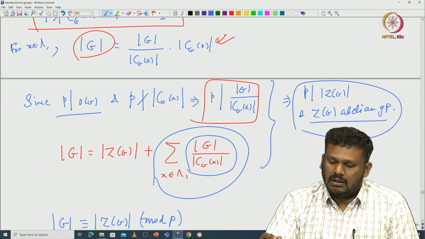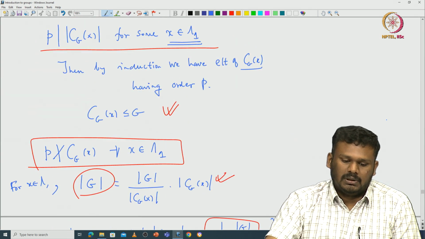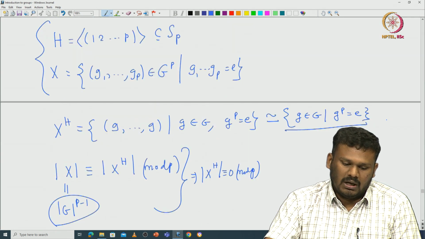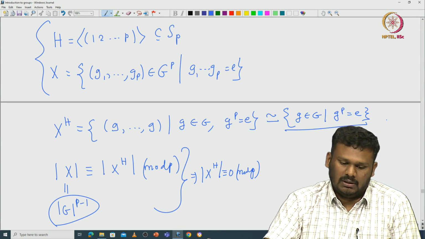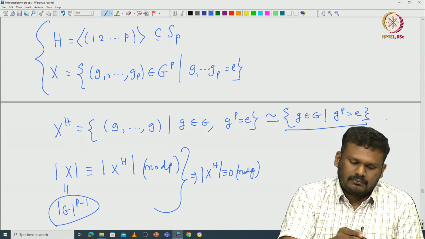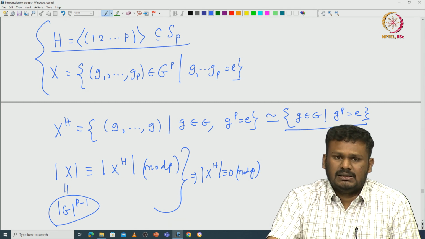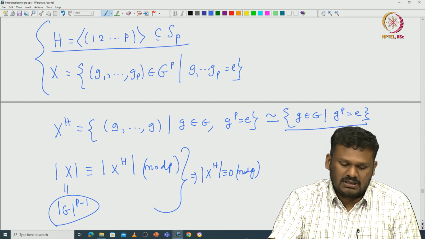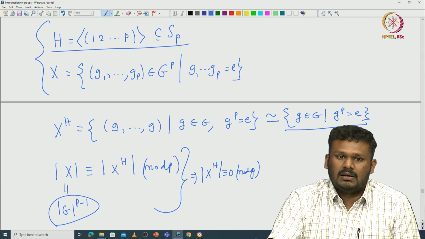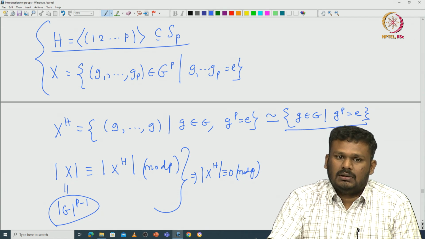Now, if you are working with an abelian group, then if you go back to our previous argument, there is no issue with this argument at all, because you can take again this group H which is generated by the cycle (1 ... p) and make it act on this G^p. Okay.